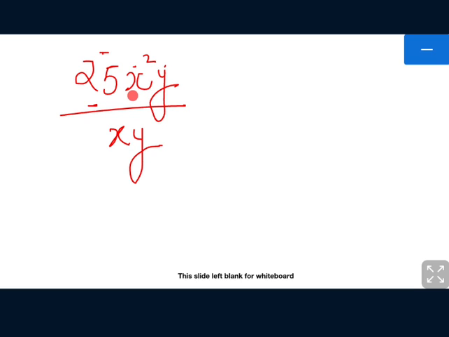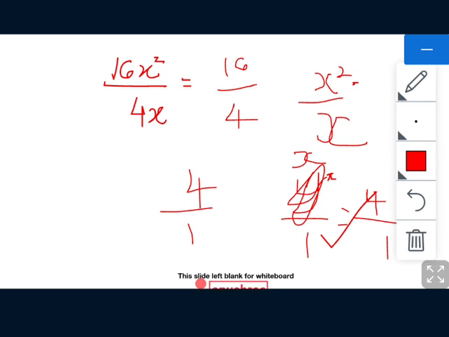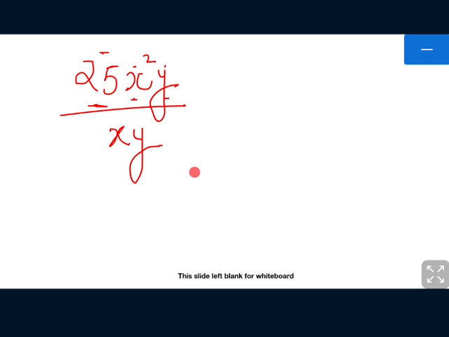Is it better? Okay, so I was saying that you can see there's a number, there's one variable, that is one alphabet, and another alphabet. So you have to separate out like making three fractions, right? Here you can see you have separate out the numbers and x, and again you have to separate out y.